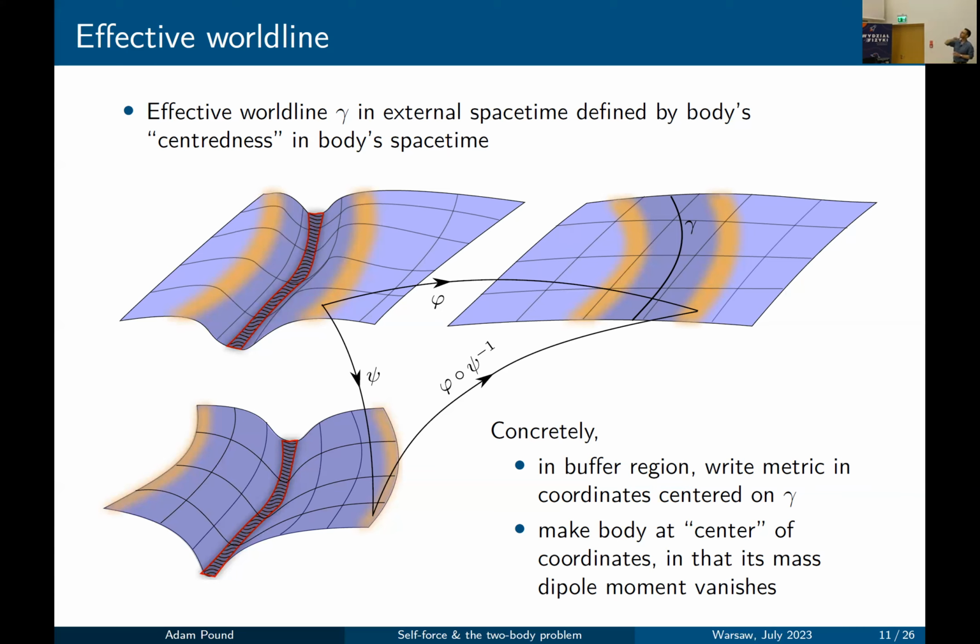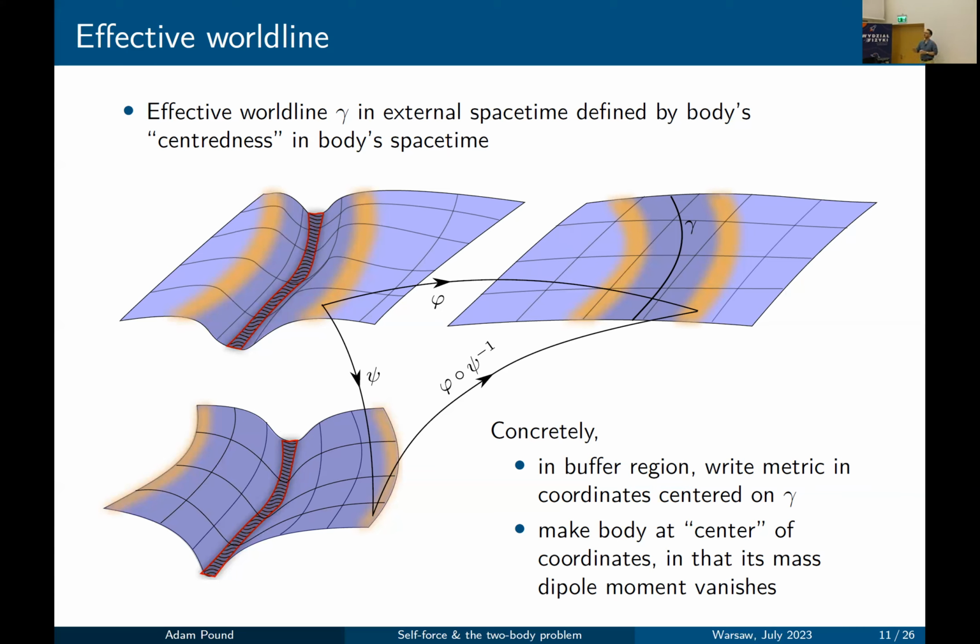You have co-moving coordinates moving along with the world line. And then we want this world line to be representative of the motion of the body. So how do you insist that it's representative of the motion? Well, we can read off multipole moments down in this spacetime. And one of the multipole moments we can read off is the mass dipole moment. The mass dipole moment is telling you where the center of mass is relative to the center of coordinates.